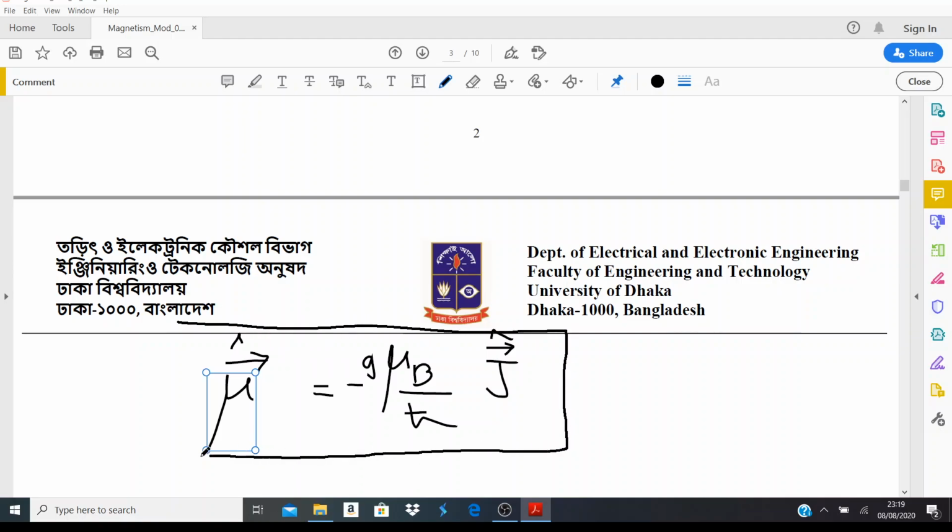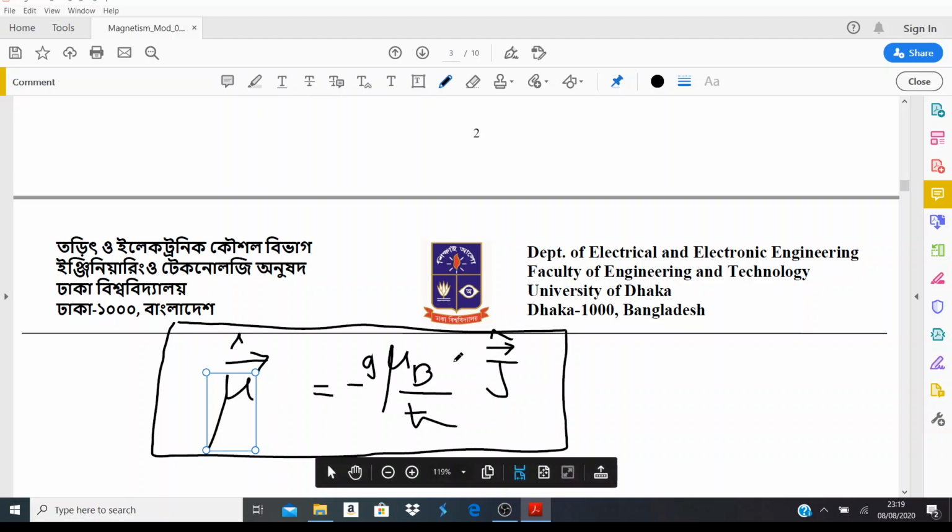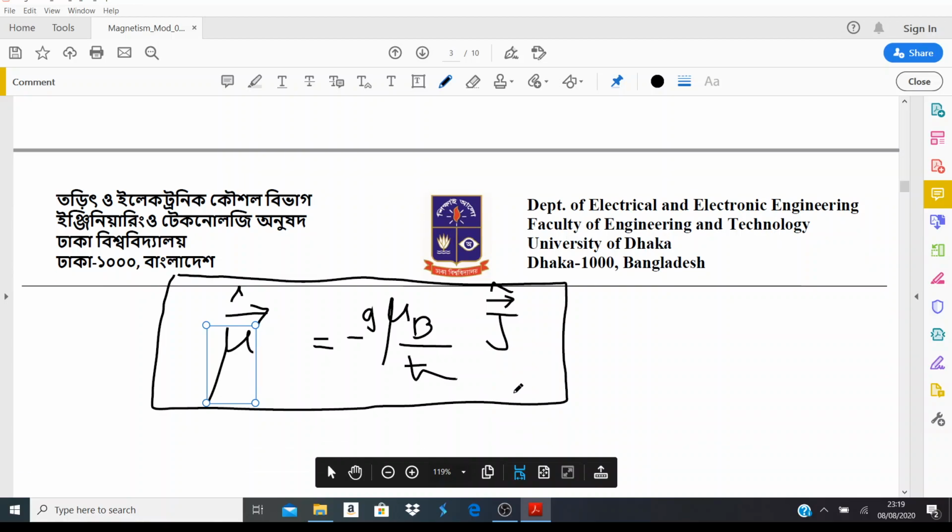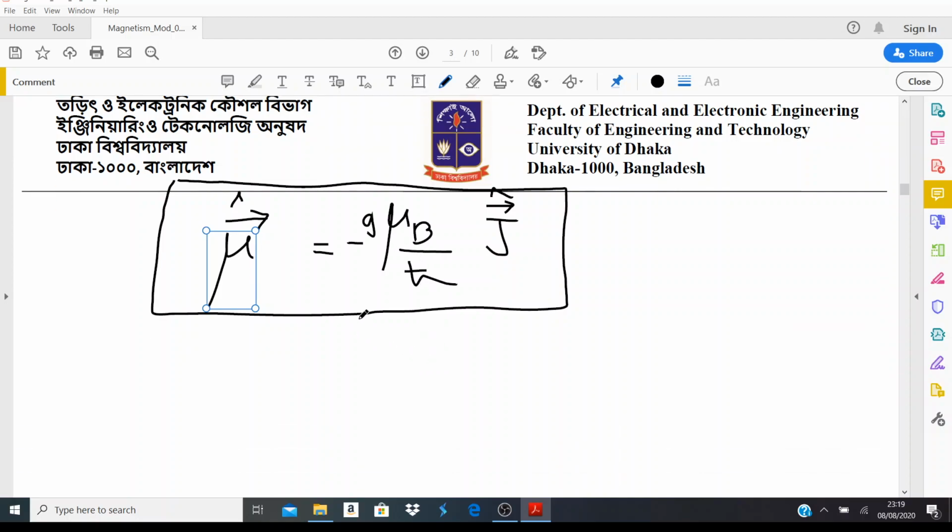And what is this g? My plan in the next lecture is to show you that this g is usually known as the Landé g factor.